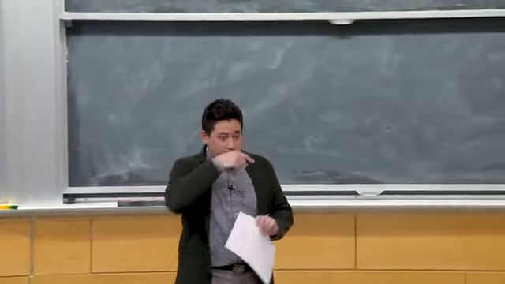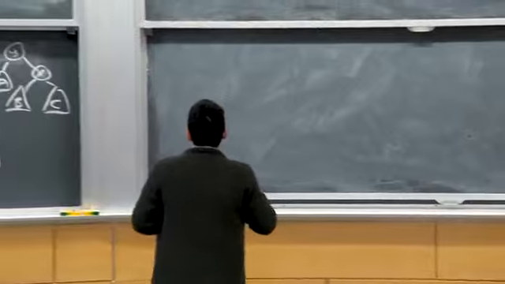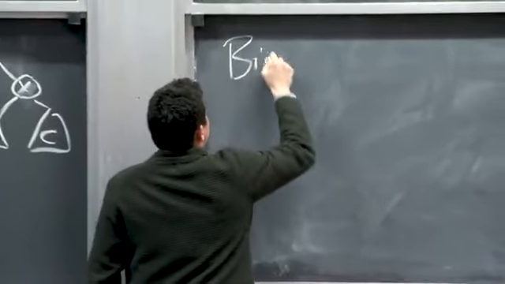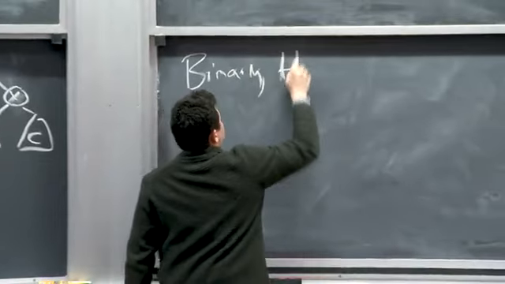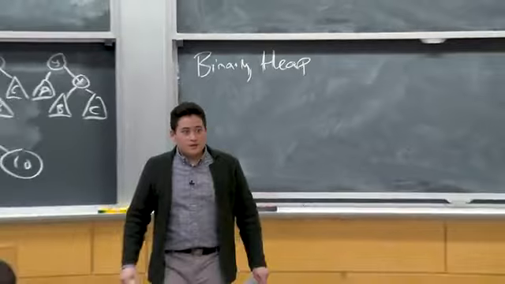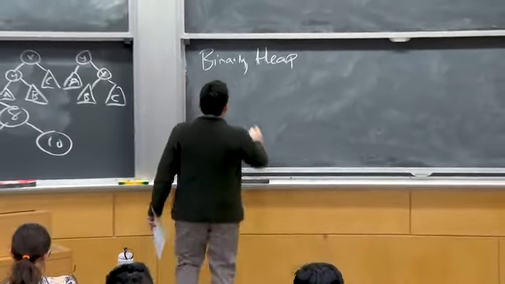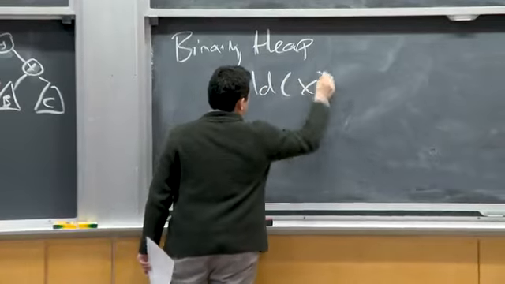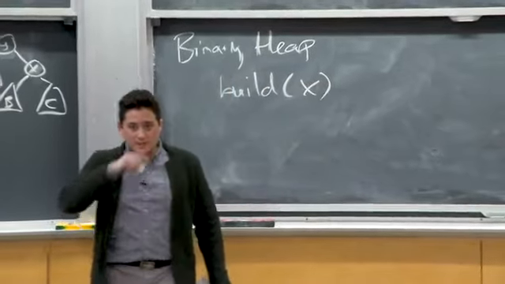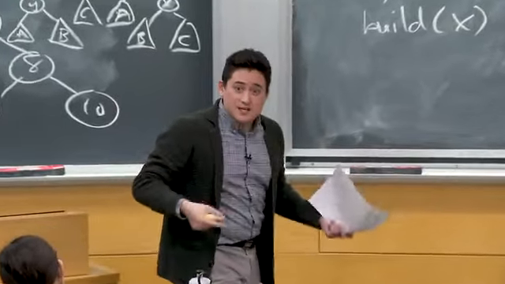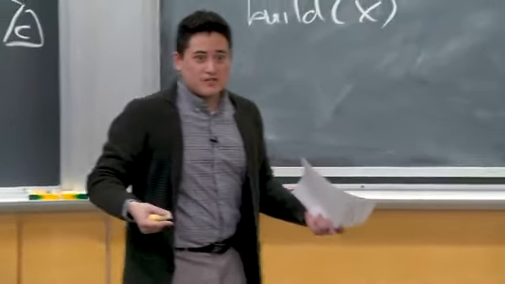Binary heaps are an interesting thing that implements a subset of the set interface. Really, you can build on some iterable x. I collect a bunch of things. These items have keys, right? It's a key data structure in the same way.